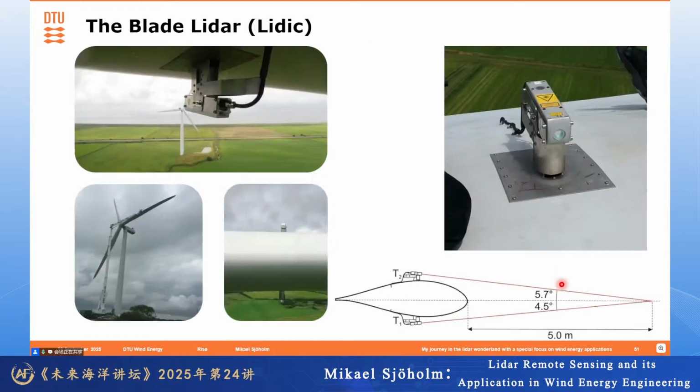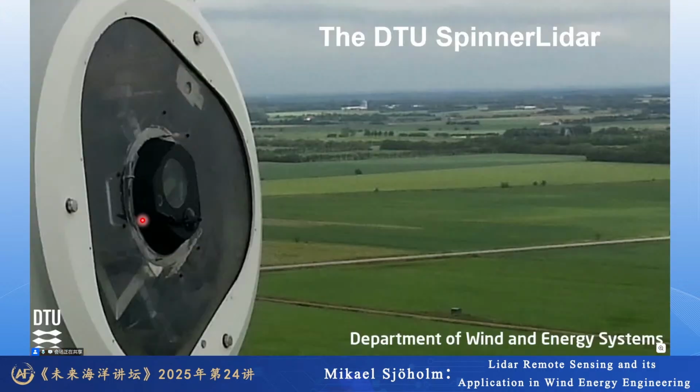So this very local measurement actually started with what we call the blade lidar. We did some measurements back in the day on a turbine blade by placing the telescopes out on the blade. And that was in connection with the first spinner lidar measurement.